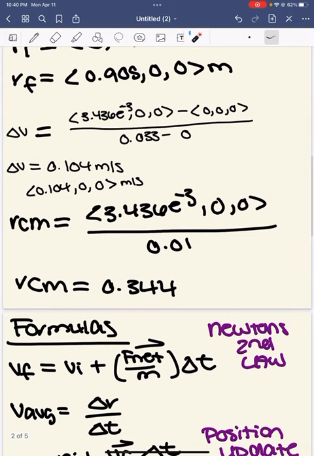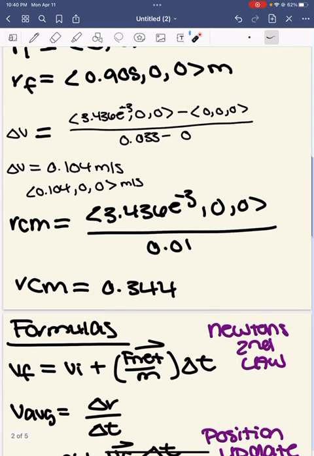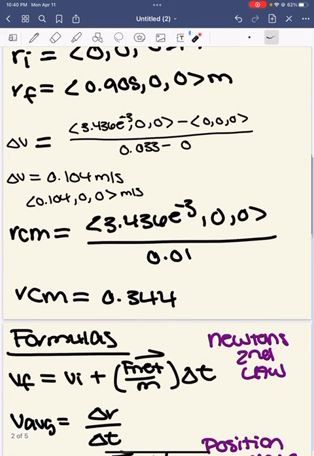We can also calculate the center of mass with the information that we have found, and that is simply the position times the mass, which is 0.01, which then gives us 3.436 times 10 to the negative 5, and then divide that by the total mass.